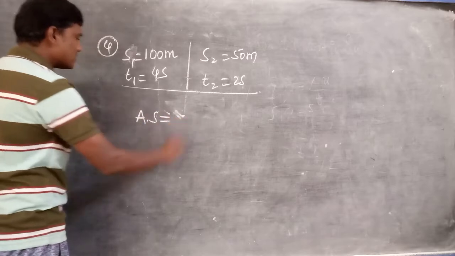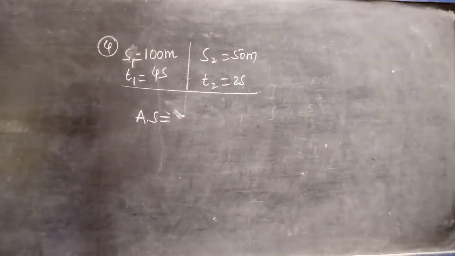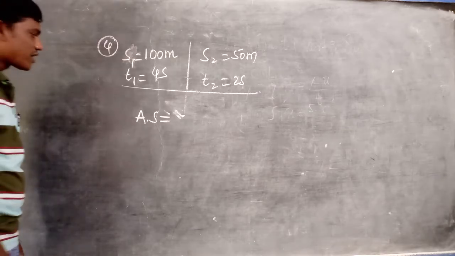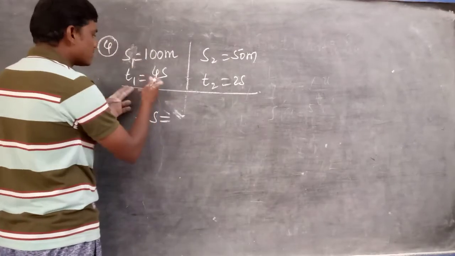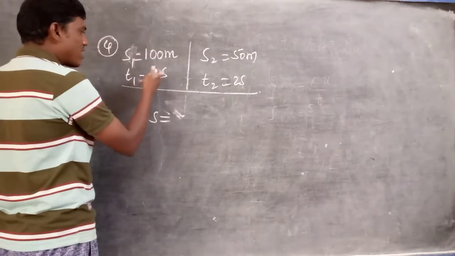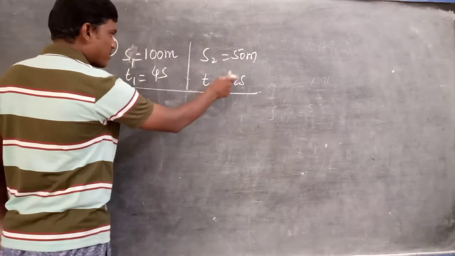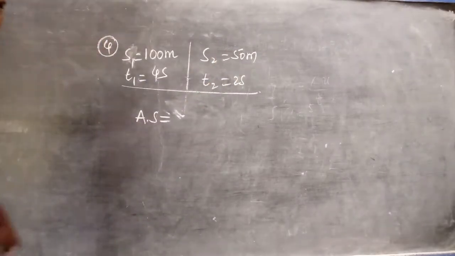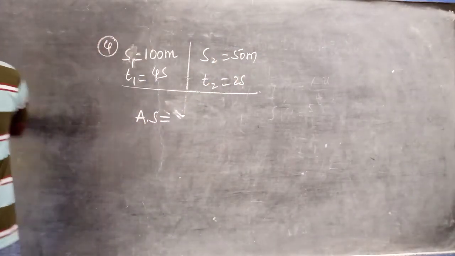Average speed is equal to, we know that, the total distance traveled by a body in the total time taken. That you know. So you can find: 100 by 4 is 25, 50 by 2 is 25. Is it correct or not? So there you go.